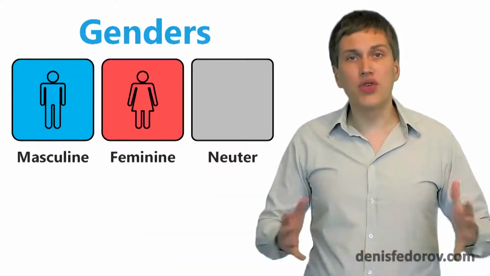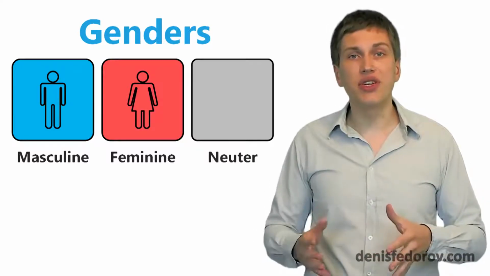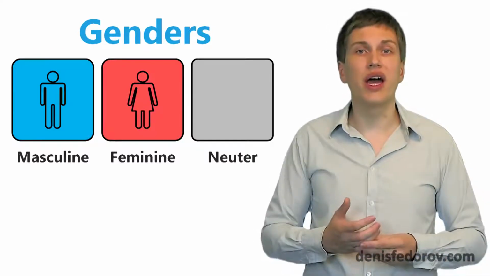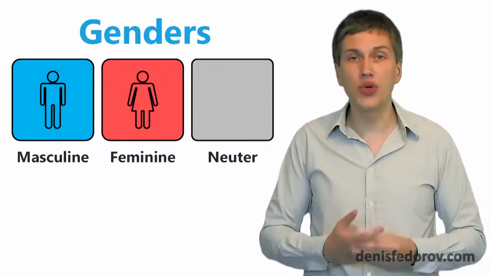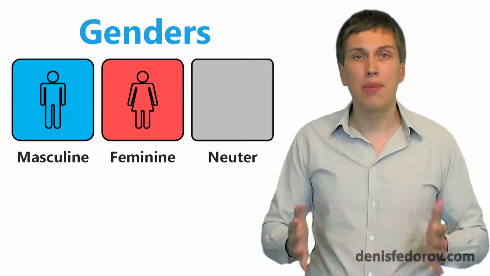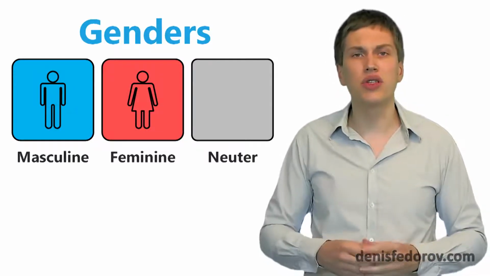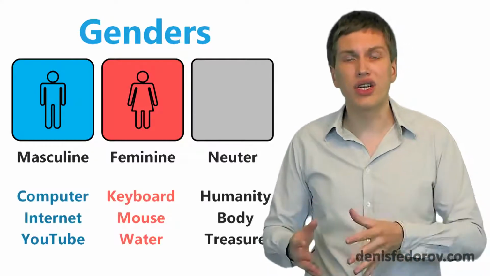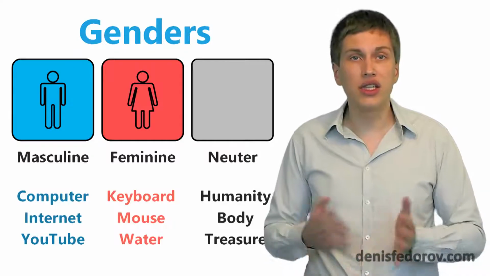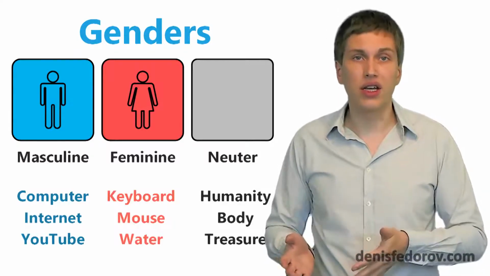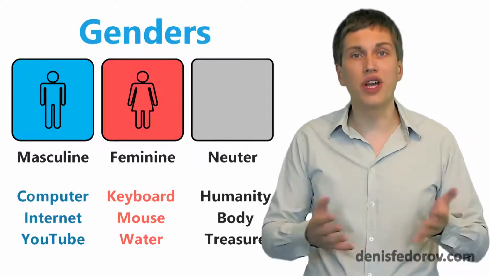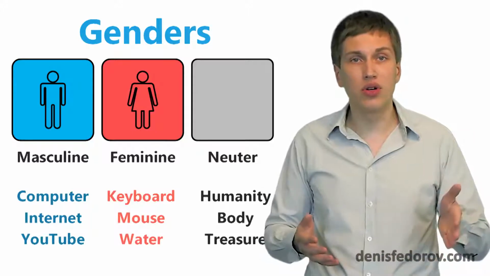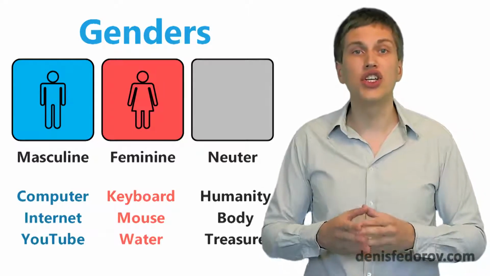Genders. The situation with Russian genders is pretty different from English. Yes, we have the same 3 genders, neuter, masculine, and feminine, but many English neuter words in Russian have masculine or feminine gender. Like in Russian, computer is he, internet is also he, YouTube also he, while your keyboard or mouse is she.